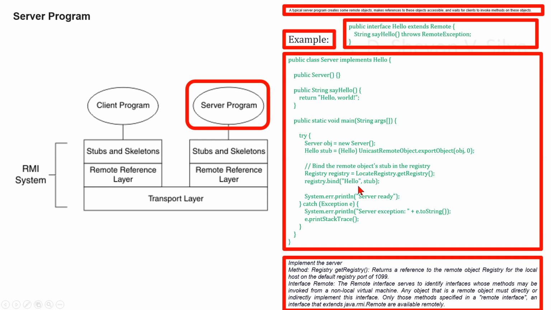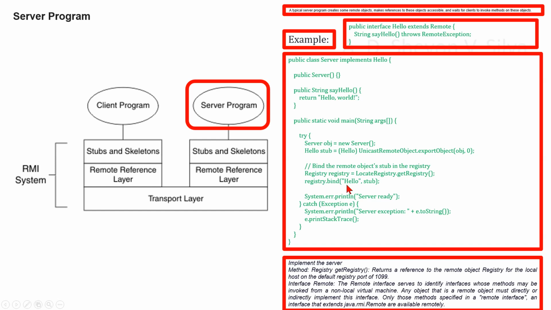In this code here, the server obtains the stub for the registry on the local host and default registry port, and then uses the registry stub to bind the name Hello to the remote object's stub in the registry.